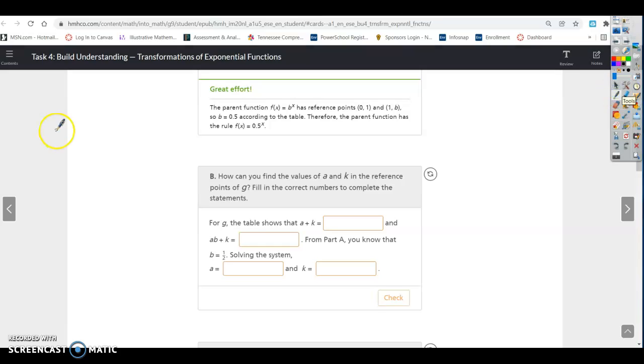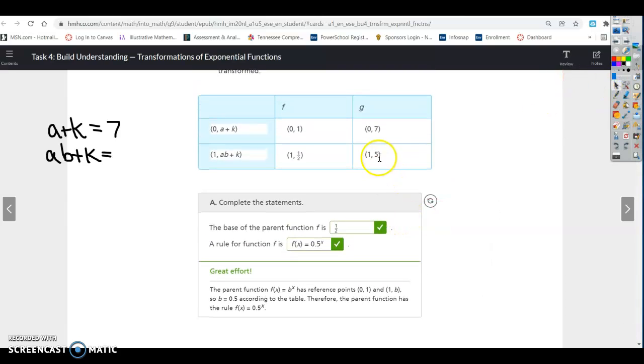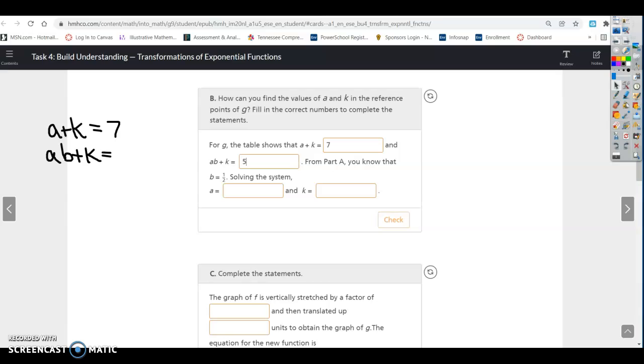So a plus k equals 7. All right, and we can fill that in here as well. And ab plus k equals, I believe that was 5. All right, yes. So right here, ab plus k equals 5. So this is going to be 5.